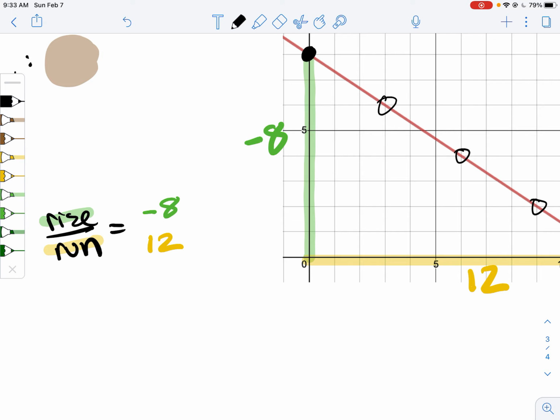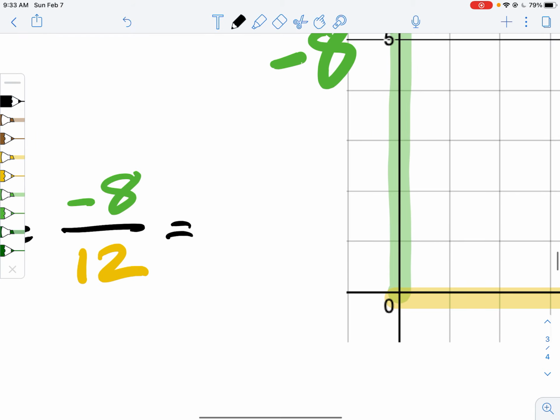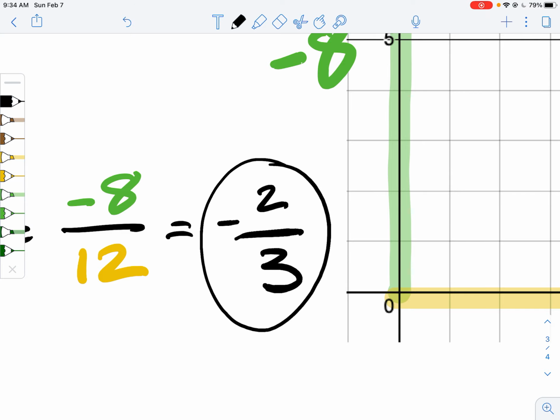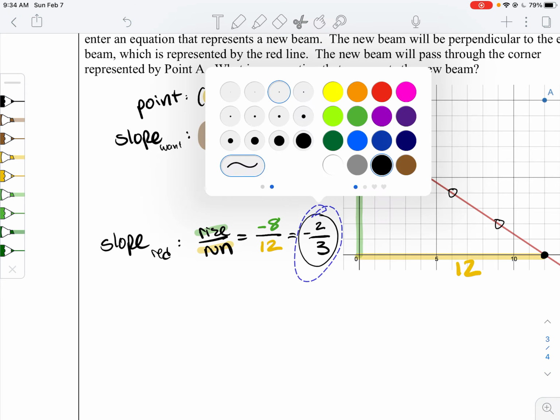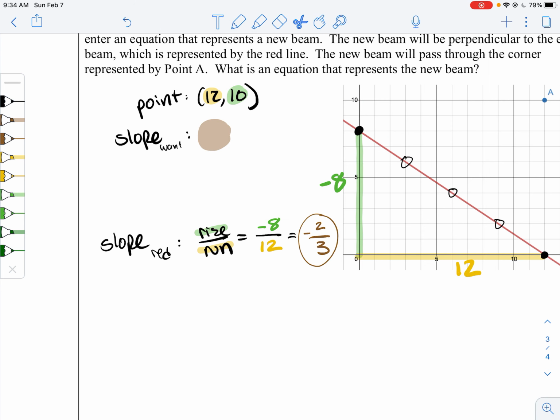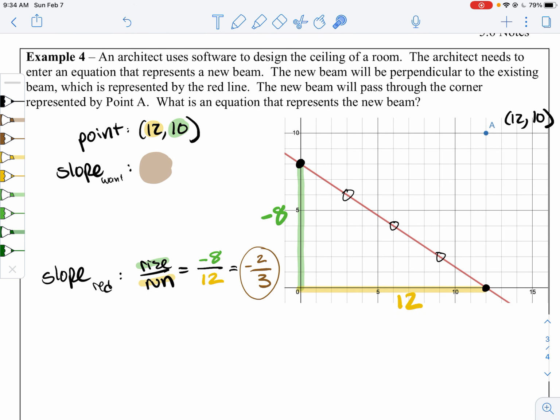So our slope is -8 over 12, but we can reduce that. They're both divisible by 4, giving -2/3. So the slope of the red line is -2/3, cool, but we don't want exactly that slope. We want what is perpendicular to this.